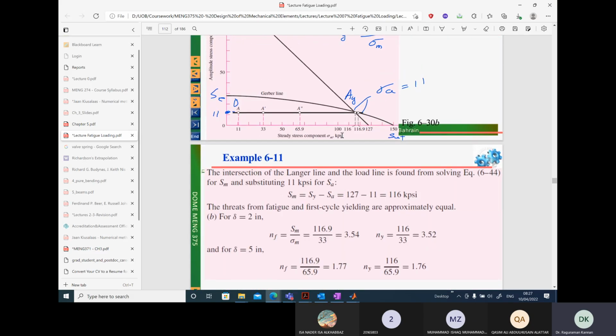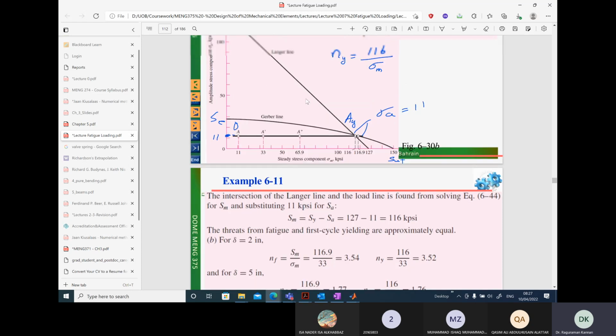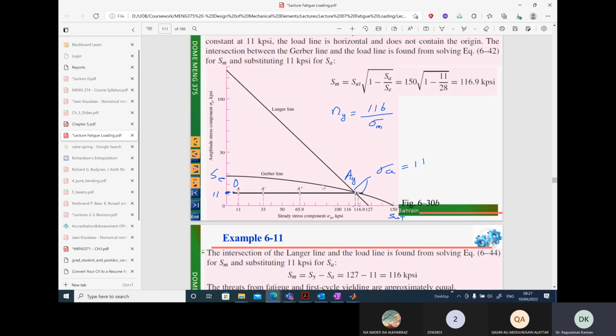Okay, in this problem we did not specifically go through how to calculate the number of cycles to failure because it was not required. In all three cases, A prime and A double prime, we are well inside the failure envelopes, especially the fatigue failure envelope, and therefore the life for the steel specimen will be infinite.